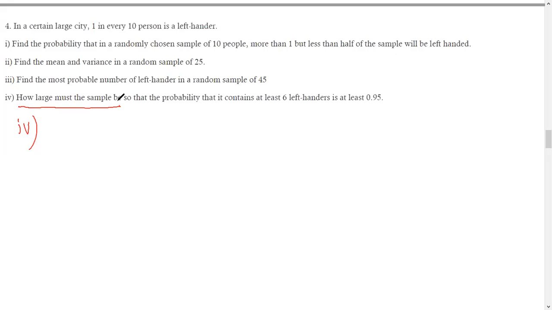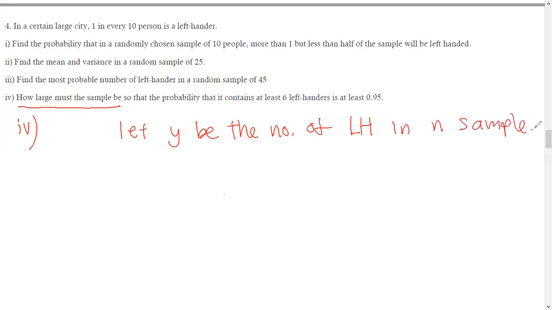Let us define first: let Y be the number of left-handers in n samples. Y will follow a binomial distribution B(n, 0.1). So for this question, the unknown is in n.